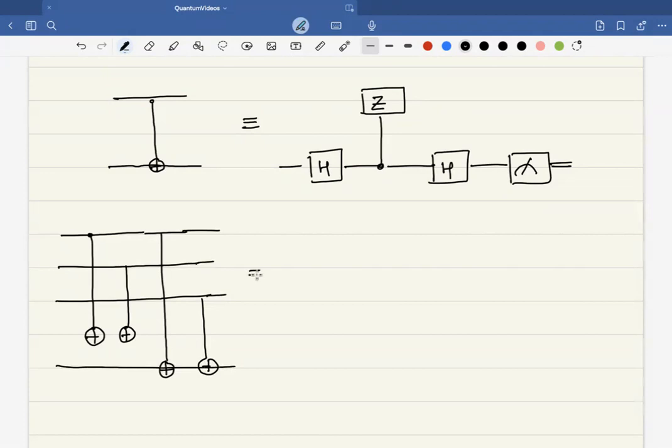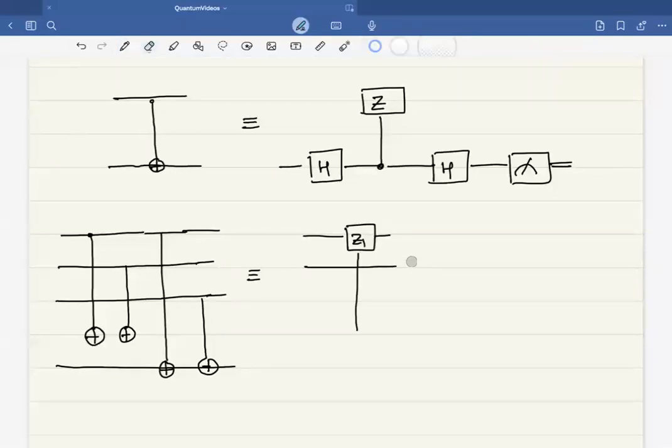Because of this equivalence, it can be, so we have Z1 and we have Z2 over here, and then we have the Hadamard gate.